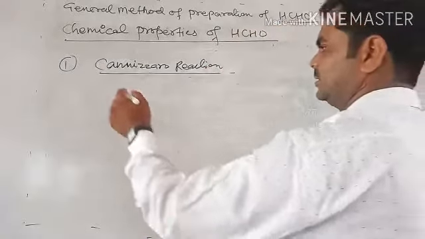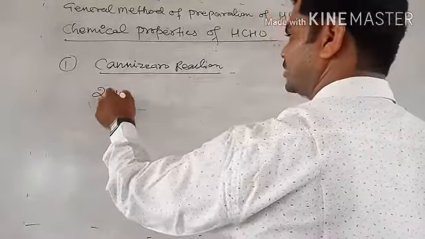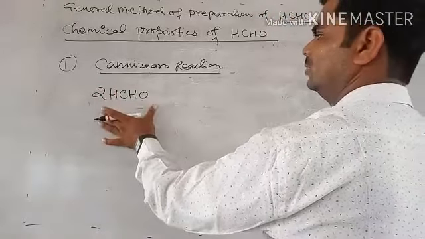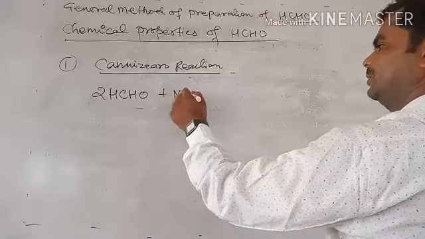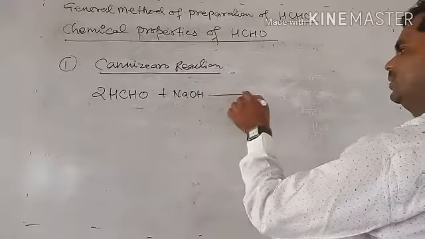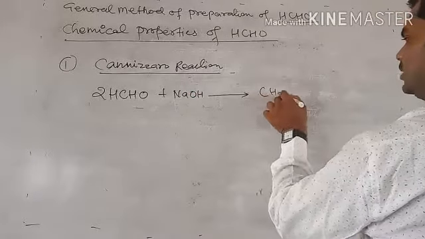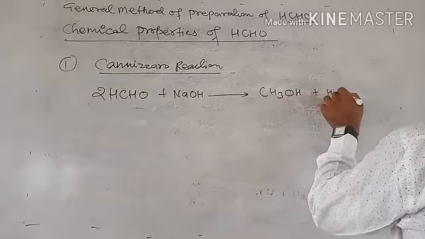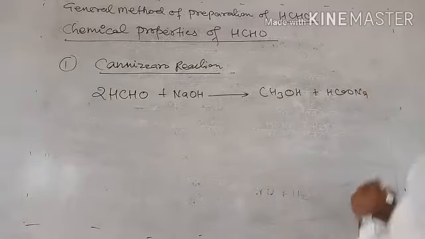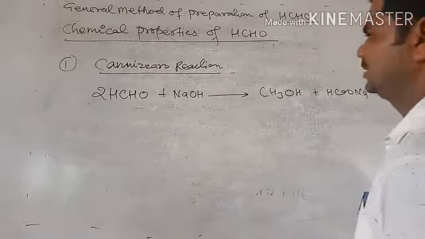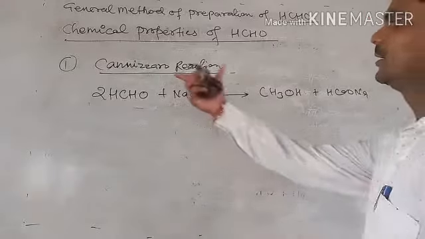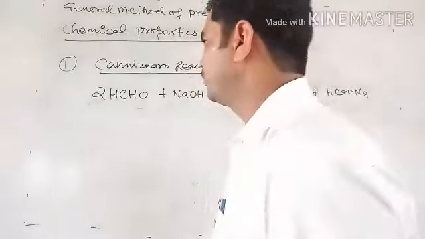Two molecules of HCHO, two molecules of formaldehyde, react with NaOH, and after the reaction it gives methyl alcohol CH3OH and HCOONa. So this reaction is called the Cannizzaro reaction. It is a most important reaction.